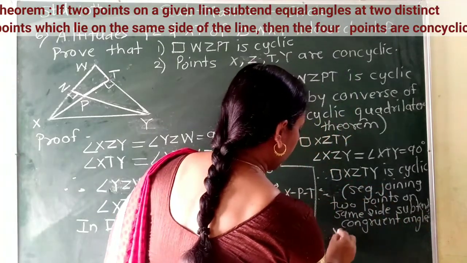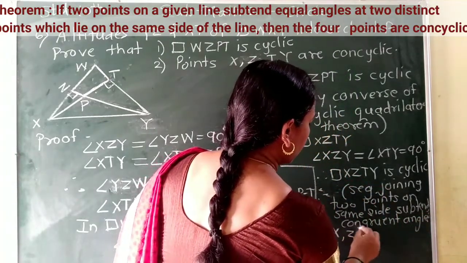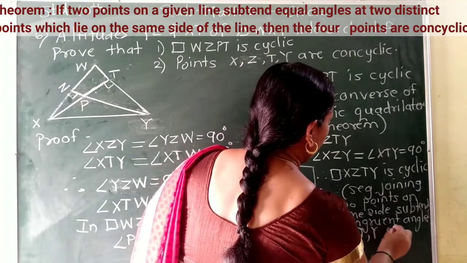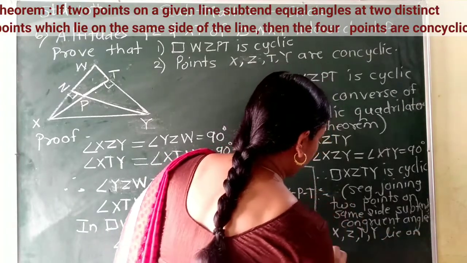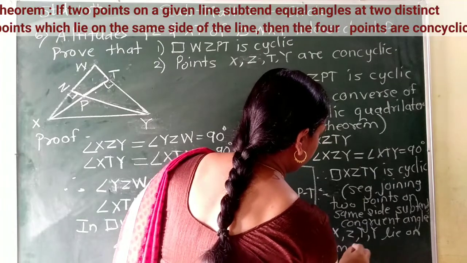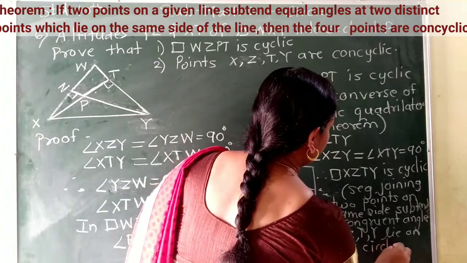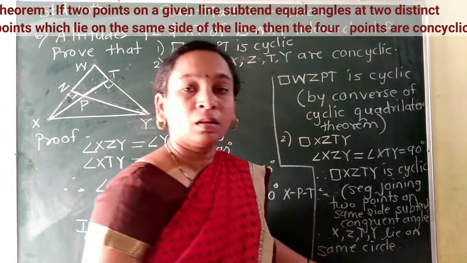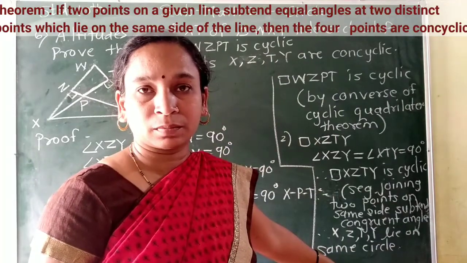Therefore, X, Z, T, Y lie on the same circle, and hence these are concyclic points.